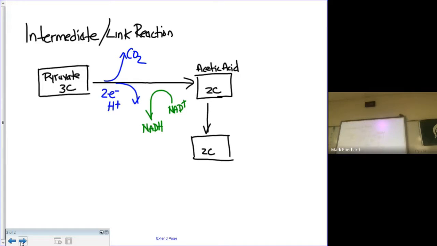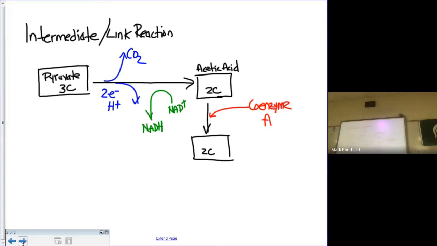However, before that acetic acid can get all the way into the mitochondria, I need to provide it with a pass, a chemical pass, I guess you would say. There's a coenzyme. Remember, coenzymes are sometimes needed by enzymes in order to function. There's something called coenzyme A that we're going to add into this molecule.